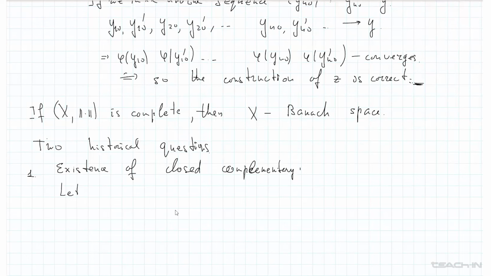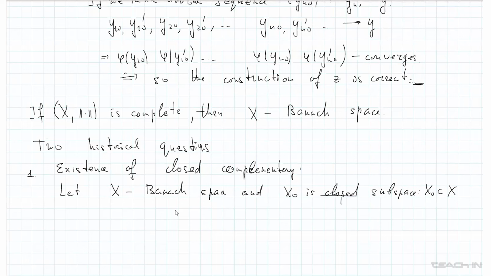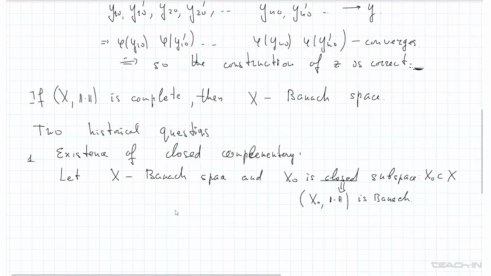Let X be a Banach space and X0 a closed subspace. Of course, because it is closed, it is immediately obtained, it is a simple exercise, that it is Banach, so it is also complete. Yeah. Question.